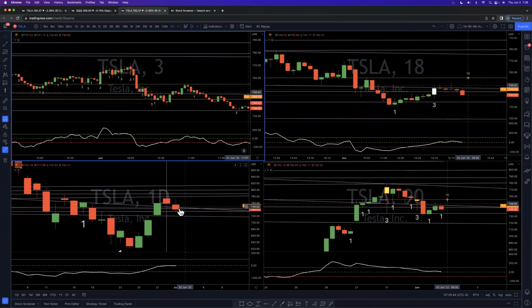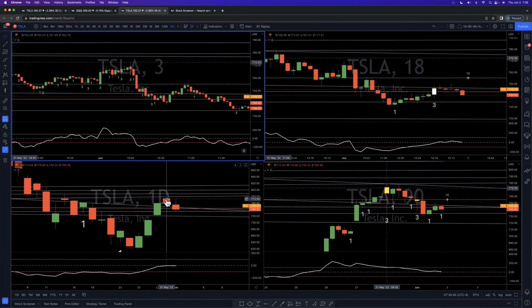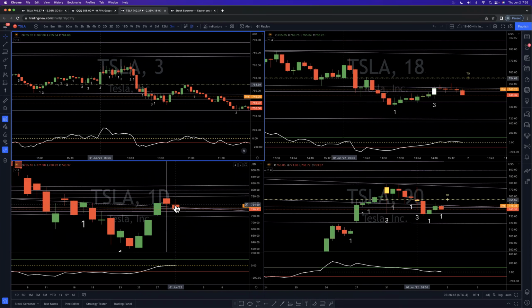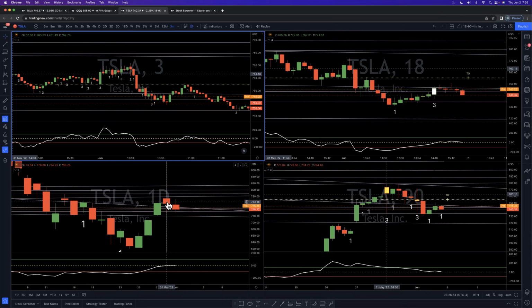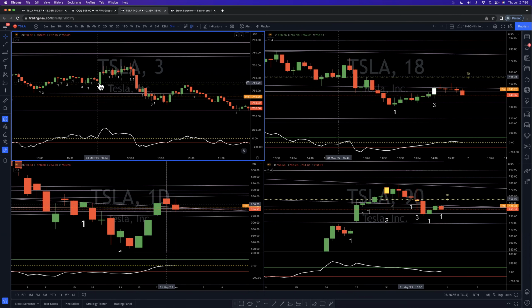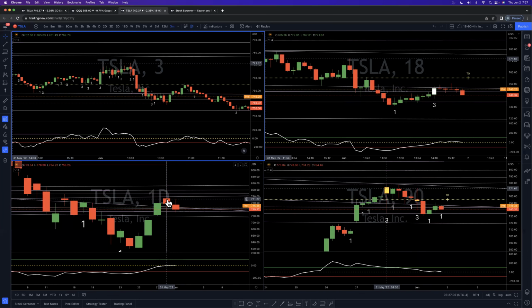So depending on where price opened, and it actually opened below yesterday's close, you can see that here. So it opened below the prior day's close, right? So it closed here, it wasn't much, opened here, right? So you see that? So I'm looking at this and saying, I want to go short on Tesla unless it takes the high.